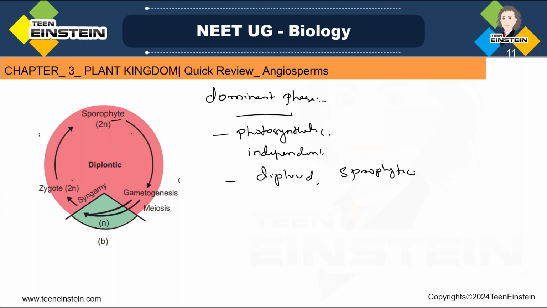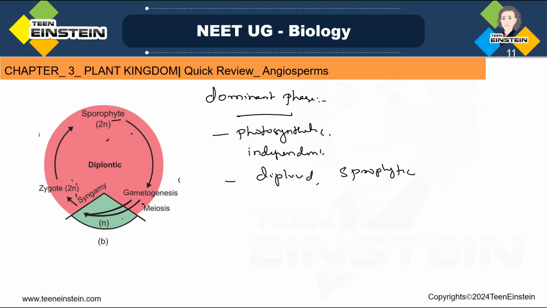In their diploid stage, it is sporophytic plant. Here you can see the zygote is developing and forming the sporophyte, which is in a diploid condition. Here zygote is diploid, sporophyte is diploid, and then it will produce gametes, right? So meiosis is occurring in the spore mother cell, which is in a diploid condition.